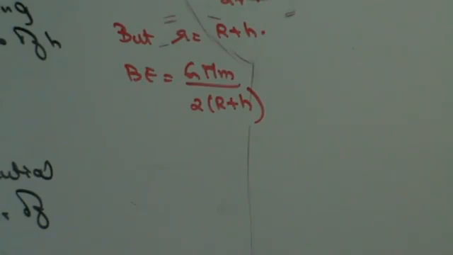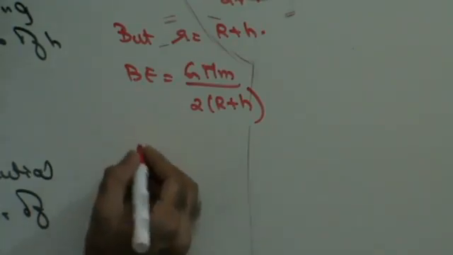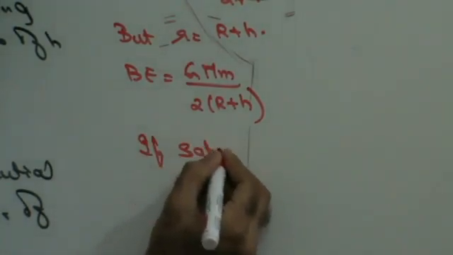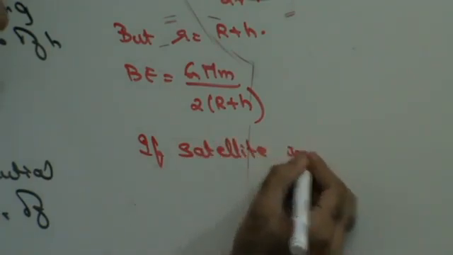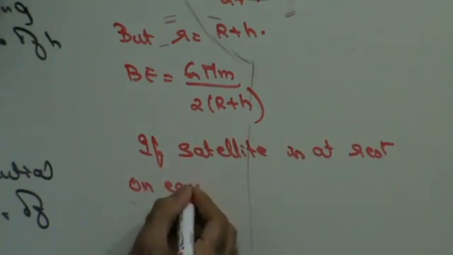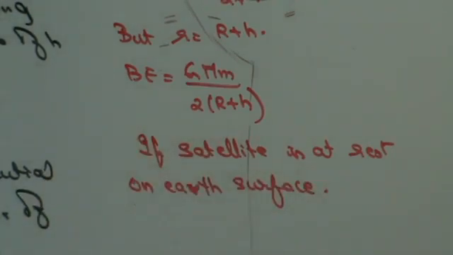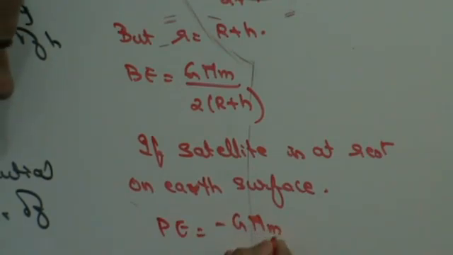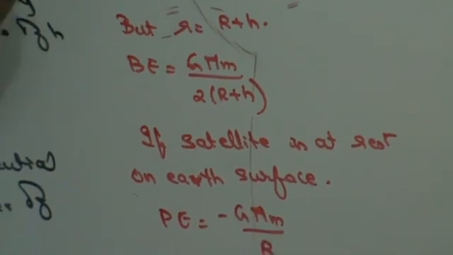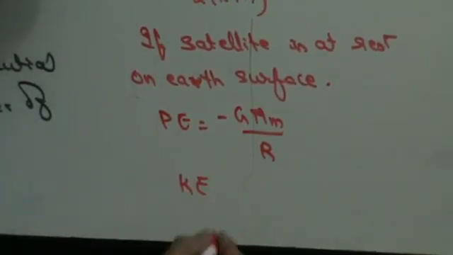Suppose the satellite is at rest on earth's surface, then the potential energy possessed by the satellite will be minus GMm upon R. The kinetic energy possessed by the satellite will be equal to 0 because it's not moving.